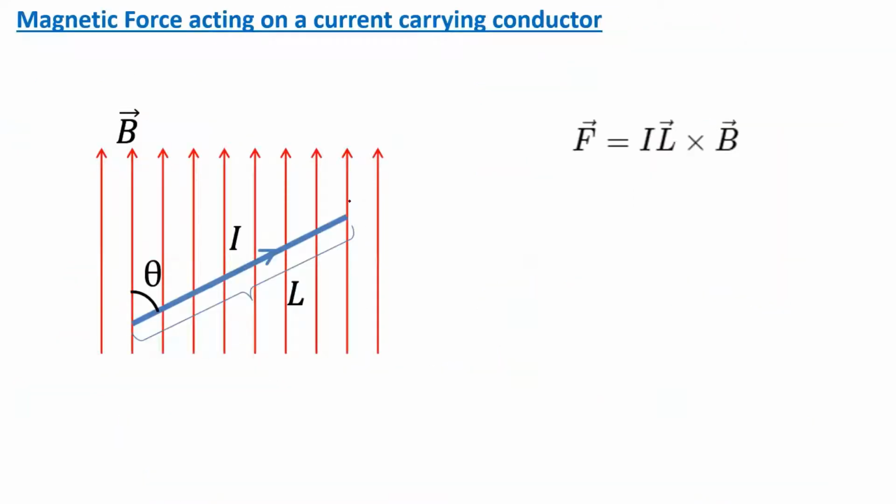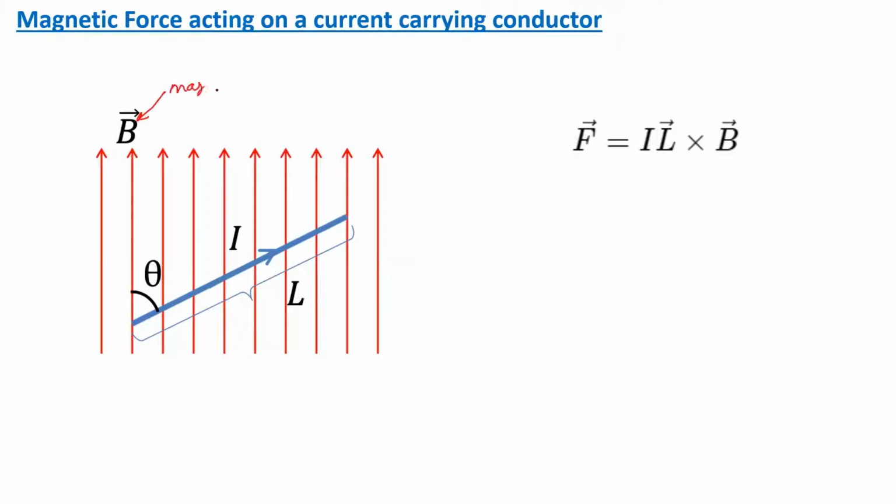So as the first step, let's start with the easy one. The easy one is the magnetic force acting on a current carrying conductor. We know magnetic force acts on currents, right? So here I have a diagram and the red arrows represent the B field. You know what B is, right?